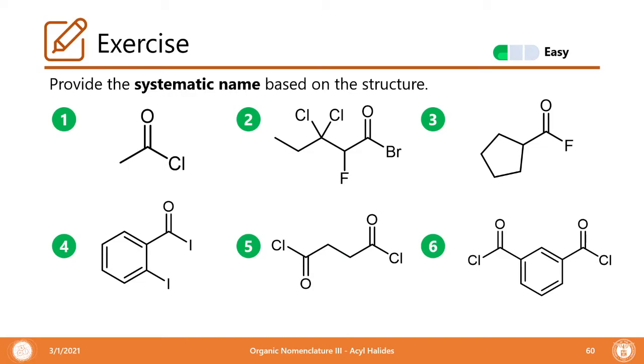Okay, let's work through some examples of acyl halides. Here we have 2 carbons, so we have ethane. Again, we first identify our acyl halide. We have -oyl chloride, chloride because we have a chlorine atom.